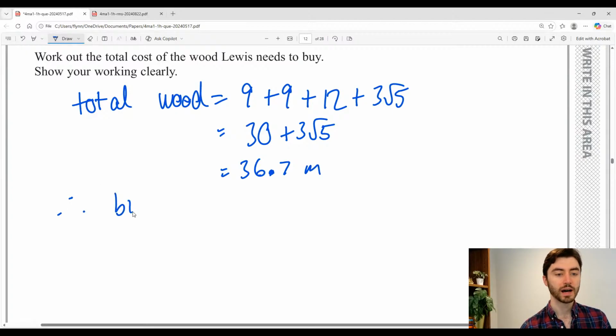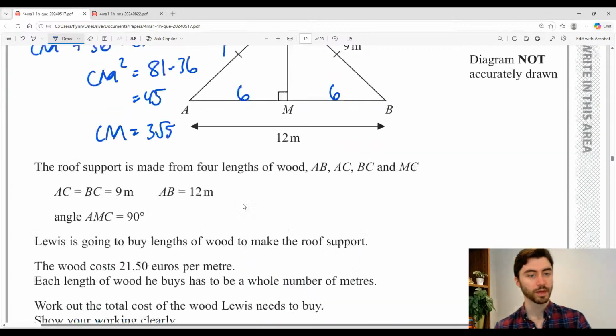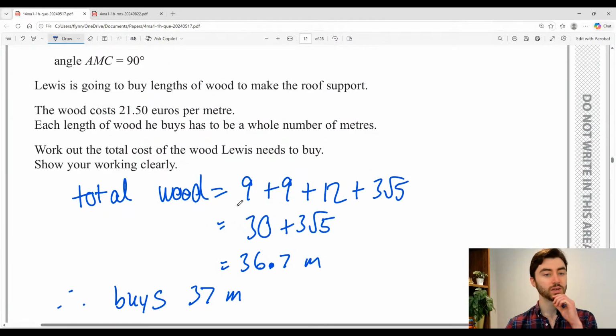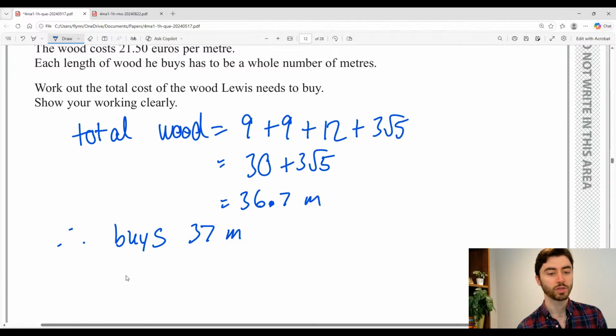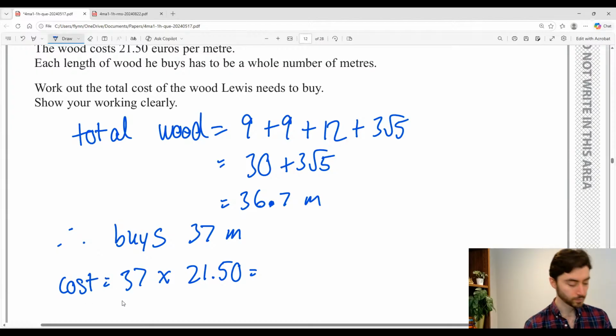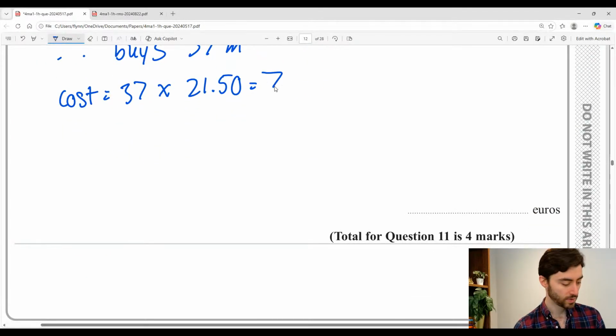Therefore, they have to buy 37 meters. And if each meter of wood is 21.50, then I have to do 37 times the 21.50 in order to work out the total cost. So 37 times 21.50 gives me an answer of 795.5 euros.